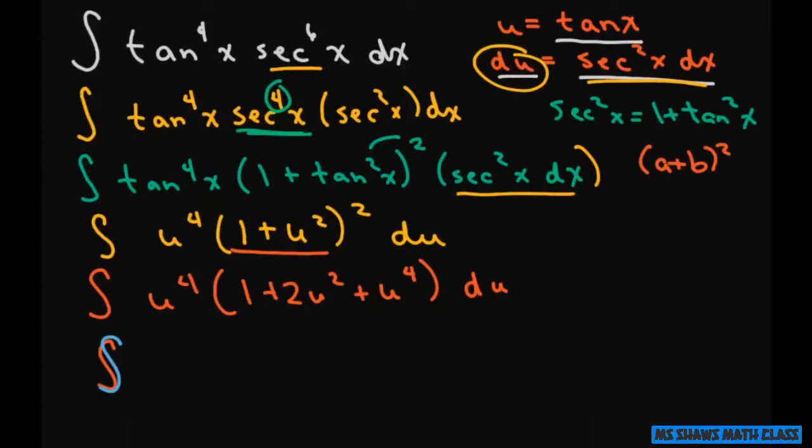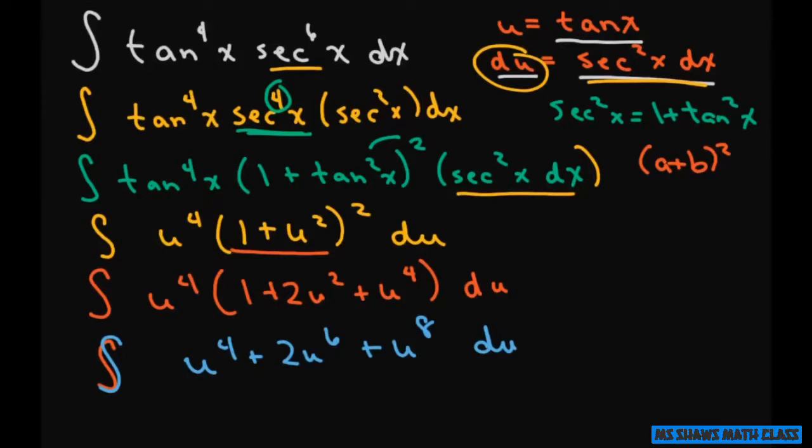So you're going to get u to the 4th plus 2u to the 6th plus u to the 8th, du.